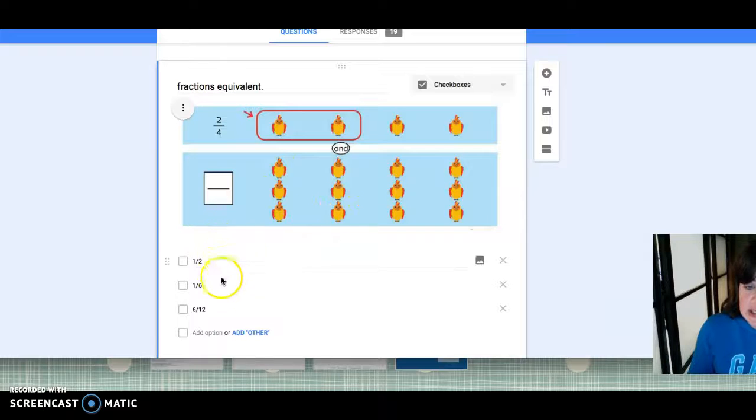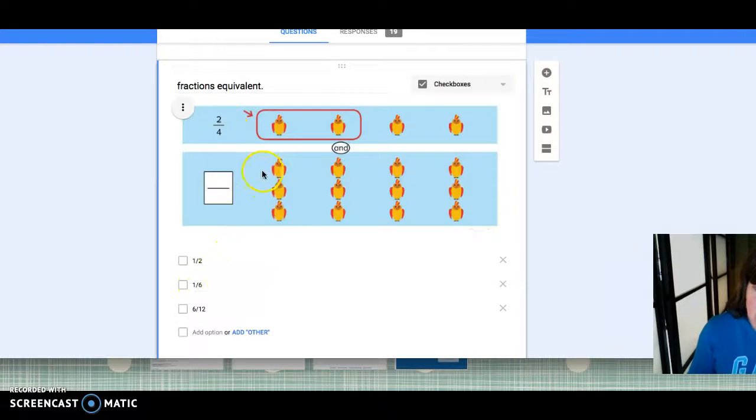Some of you selected 6/12, some of you selected 1/2. All of those fractions, including 2/4, are equivalent. So if you selected one of those, that would be correct.